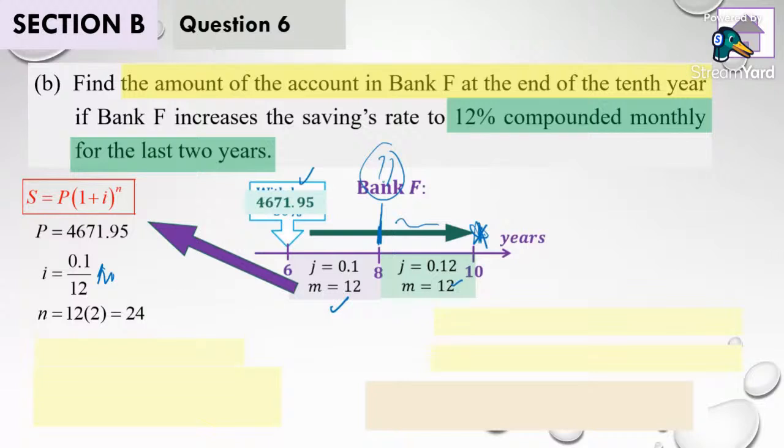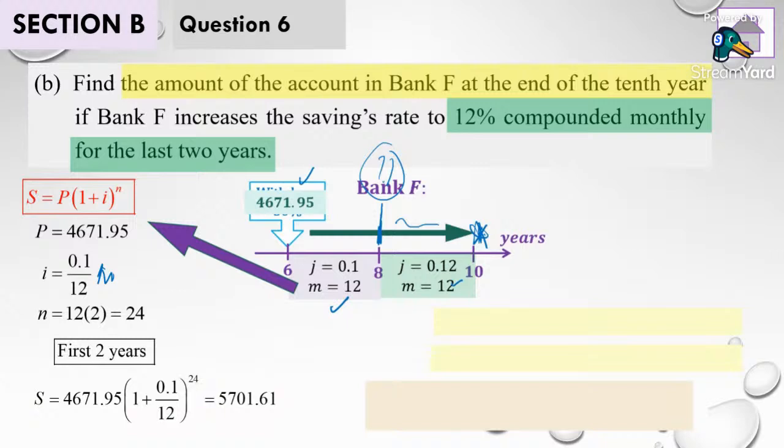Then, according to the question, interest is compounded 12 times a year, and here it goes through for 2 years. So n equals 24. Substitute into the formula for compound interest. Therefore, for the first 2 years, the accumulated sum will be as follows.